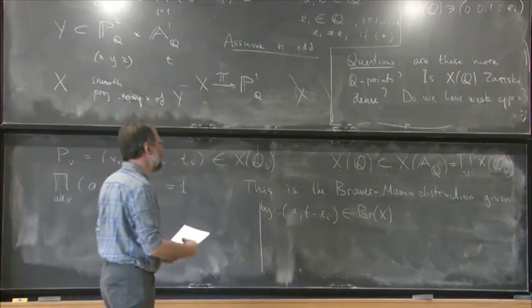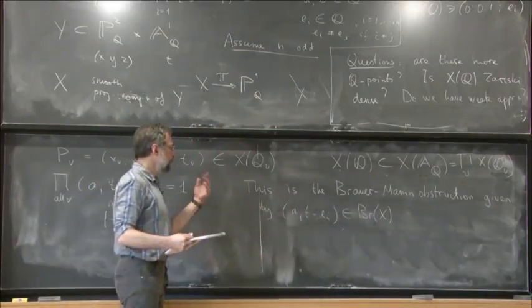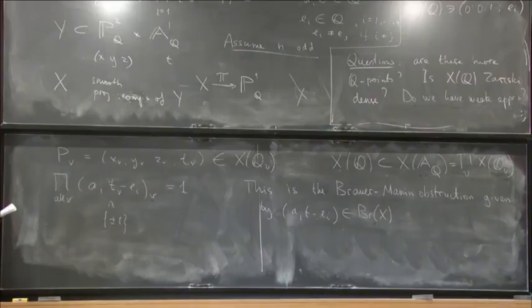So once you have a class in the Brauer group of X, then there's a condition like this coming from this class. So I think, starting from this, you can somehow see exactly what the general definition of the Brauer-Manin obstruction is.